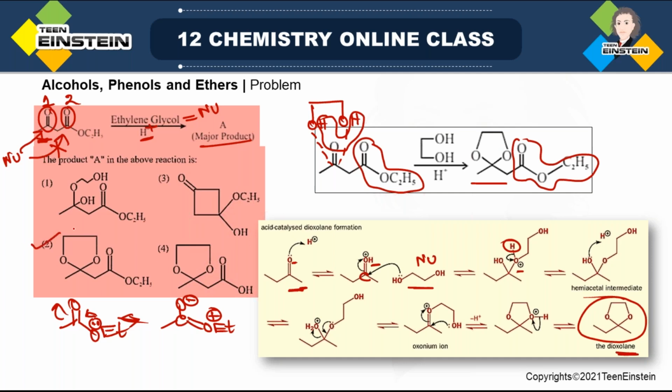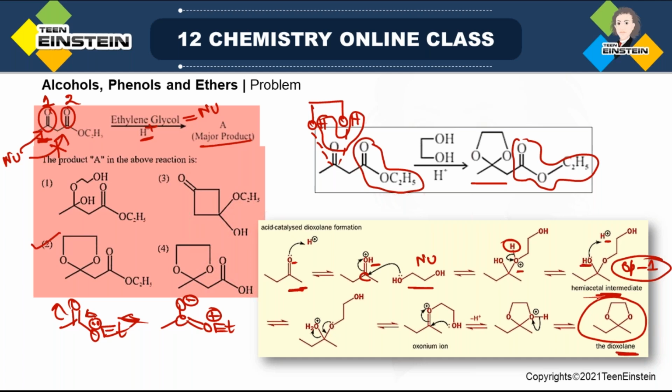But if you look at the other options, here option 1, if you look carefully, this is actually matching with this one. But this is actually an intermediate, because whenever there is H plus present, the reaction will not stop at this point. This is an analog of option 1, because it is a completely separate molecule in this particular mechanism.